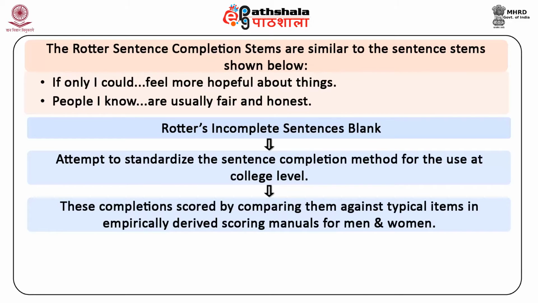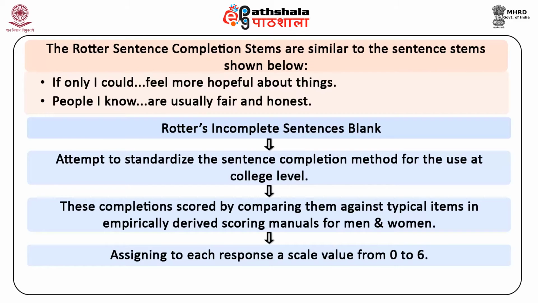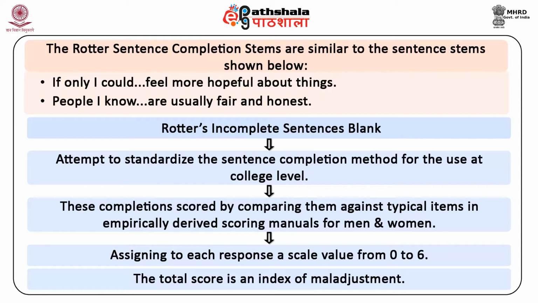These completions are then scored by comparing them against typical items in empirically derived scoring manuals for men and women and by assigning to each response a scale value from 0 to 6. The total score is an index of maladjustment.